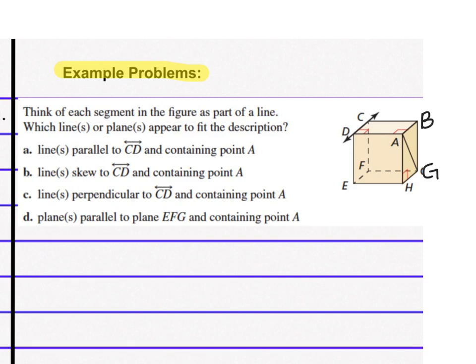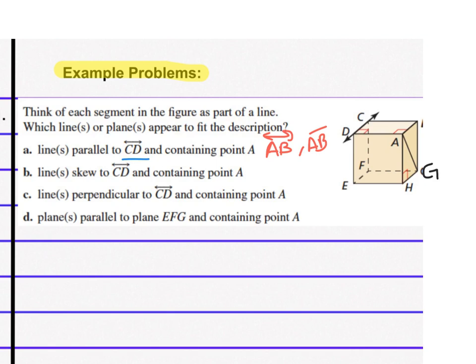All right, so let's think about it. Something parallel to CD. Let's use blue. So here's CD. We want it to be parallel to CD and contain point A. Here's point A. So I would say that would be line AB, or you could say line segment AB. It doesn't really matter. All right, part B, we want a line skew to CD containing point A. I'm going to erase this so we can start over.